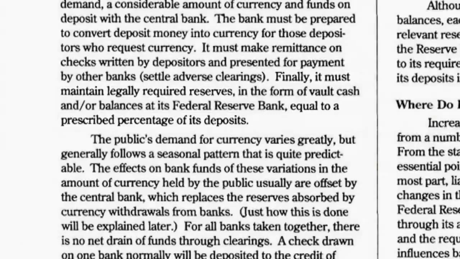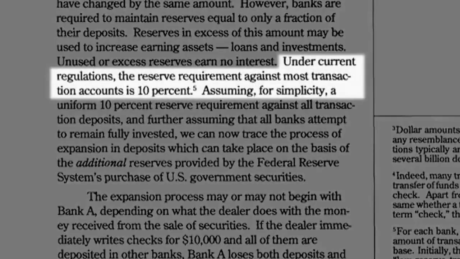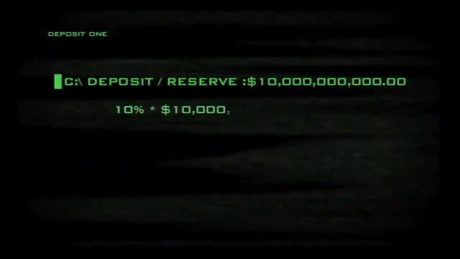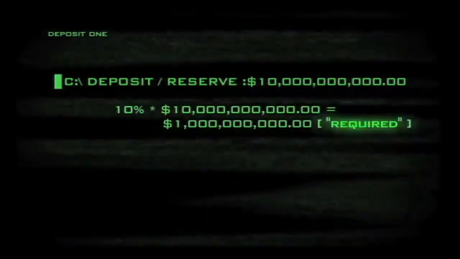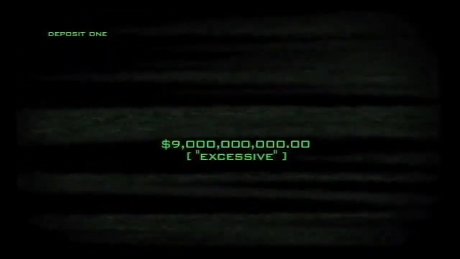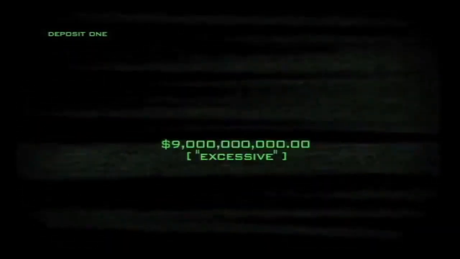It then quantifies this by stating, under current regulations, the reserve requirement against most transaction accounts is 10%. This means that with a $10 billion deposit, 10%, or $1 billion, is held as the required reserve, while the other $9 billion is considered an excess reserve and can be used as the basis for new loans.